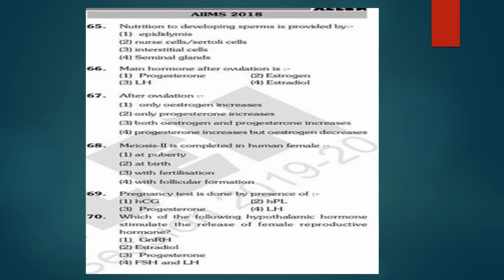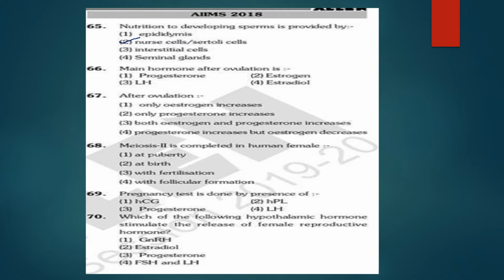Nutrition to developing sperms is being provided by the Sertoli cells, which are also called the nurse cells. And now the next one is the main hormone after ovulation, with options progesterone, estrogen, LH and estradiol.